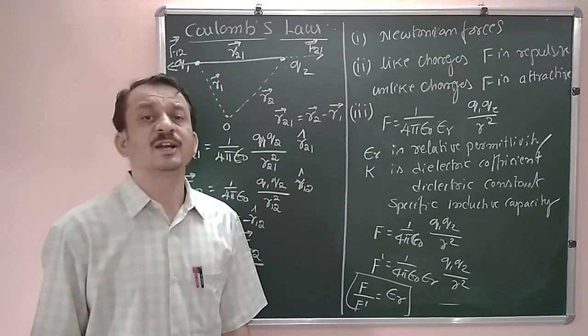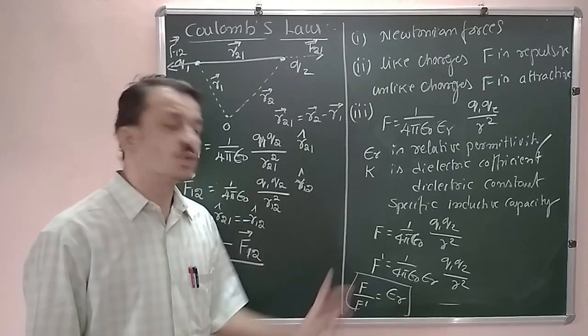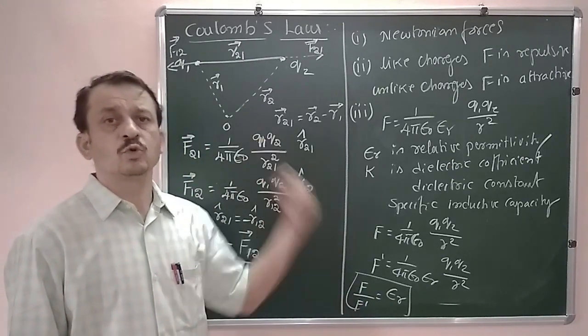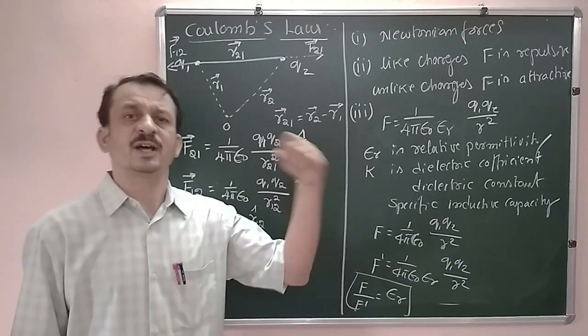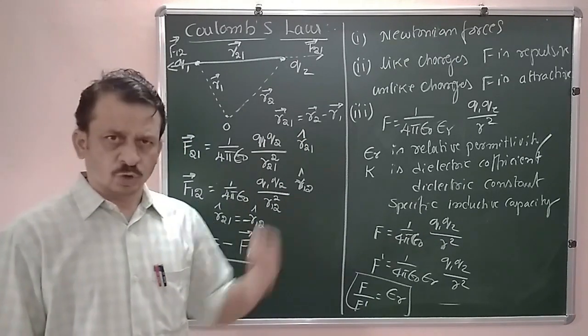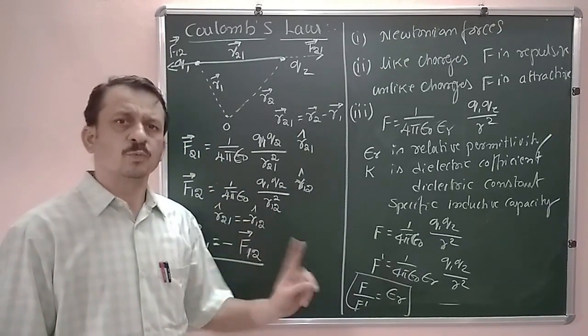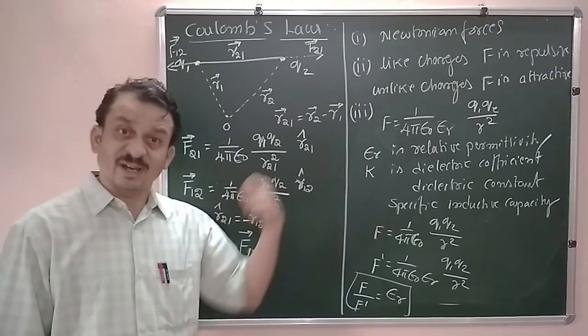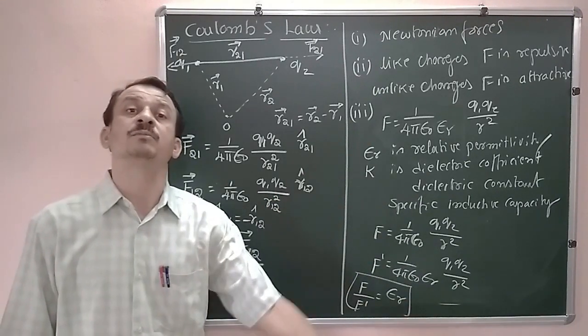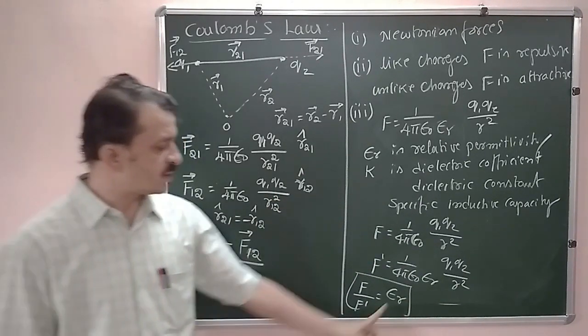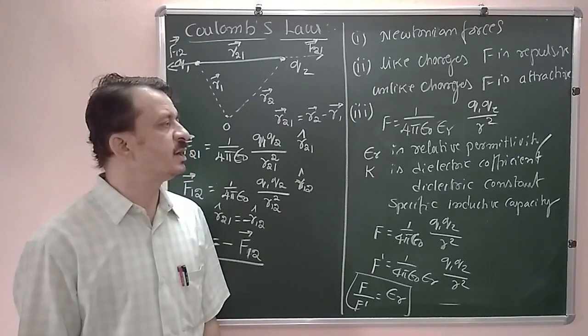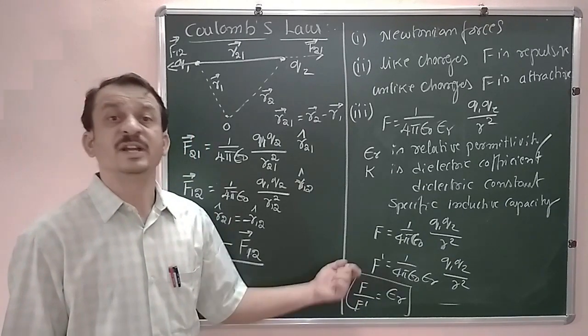Now we can define relative permittivity as the ratio of force between 2 point charges when placed in air or vacuum medium to the force between the same 2 point charges placed at the same distance in a medium. So that defines relative permittivity of the medium.